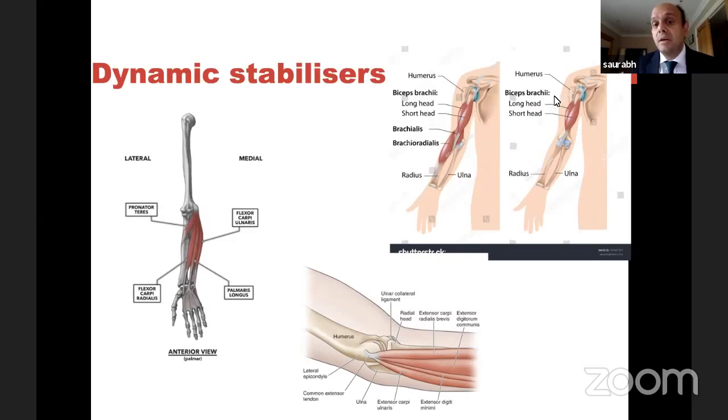Now remember, biceps and brachialis are inserted in the front. Why I'm pointing this out is when we come to the concept of dynamic congruity. They cross the elbow joint; brachialis sits onto the coronoid, biceps inserts onto the bicipital tuberosity. So they are the flexors of the elbow. Of course, biceps is also a supinator, but remember they are the flexors of the elbow.